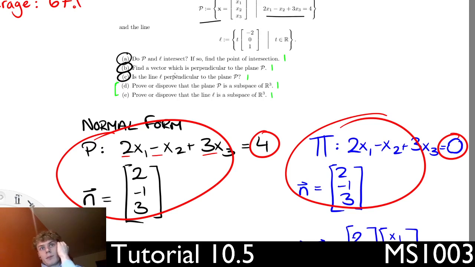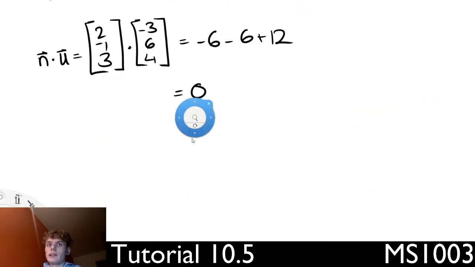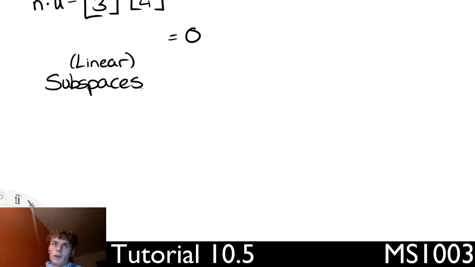We have to prove or disprove that the plane P is a subspace of R3. And then we have to prove or disprove that the line is a subspace of R3. So we need to talk about a property of subspaces. In particular, the only subspaces you talk about in this module are linear subspaces, but subspaces must contain the origin.